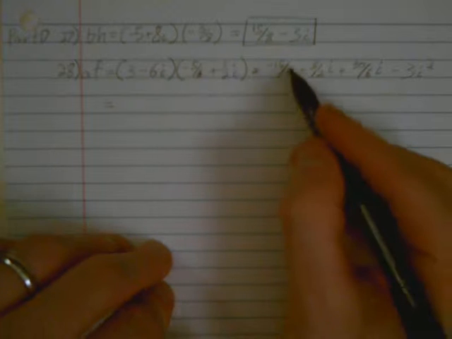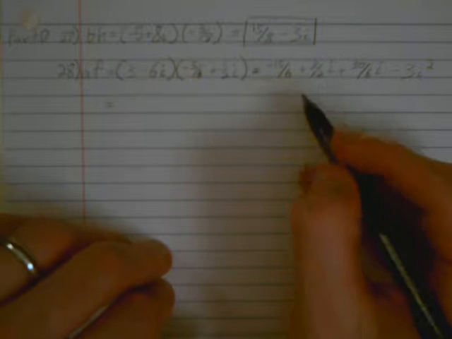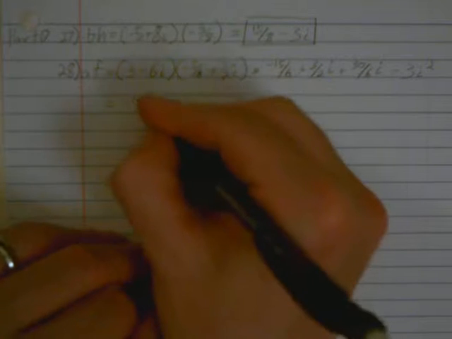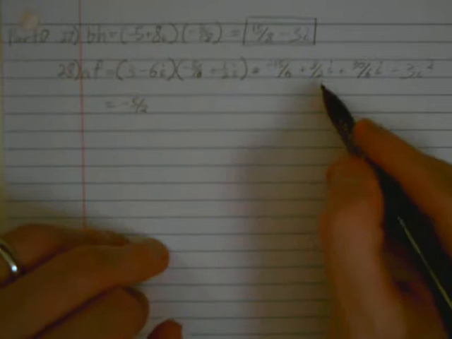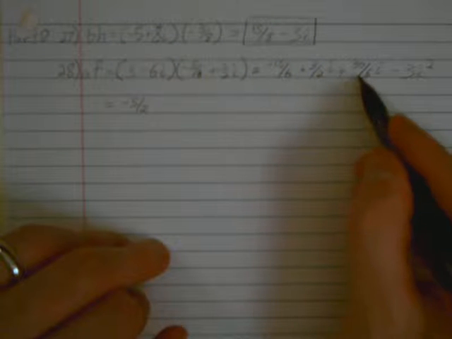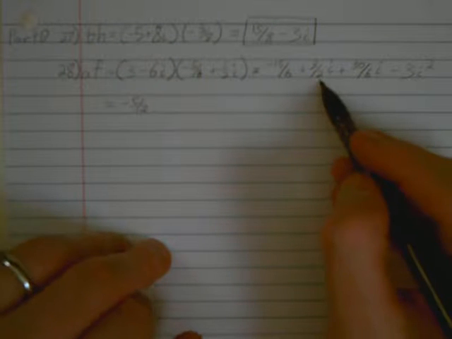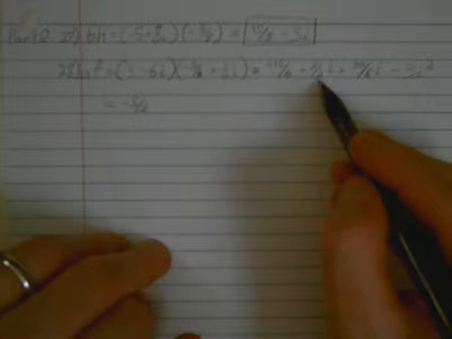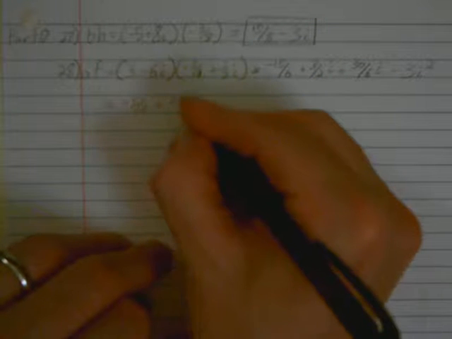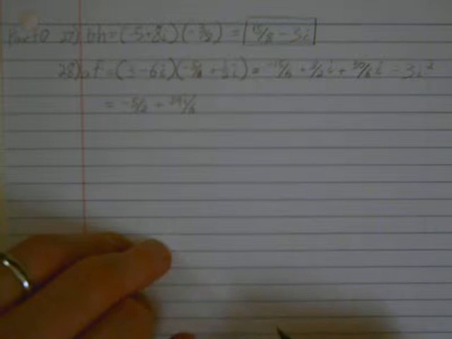Alright, so -15 divided by 6, each of those can be divisible by 3, so that's -5/2. Alright, 3/2 plus 30/6. Well, 3/2 is the same as 9/6. So when I add those, I get 39i divided by 6.